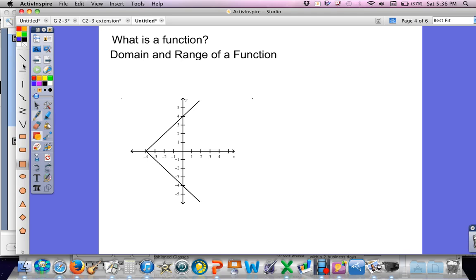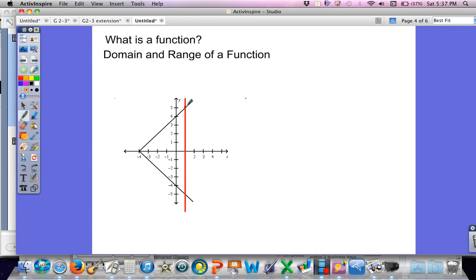Vertical line test means I take a vertical line and I draw it through any point on a function, and I continue it down. Will I intersect another point? And in this problem, you see that yes, I do intersect this point and also this point on the same vertical line.